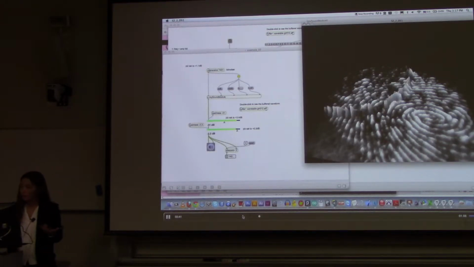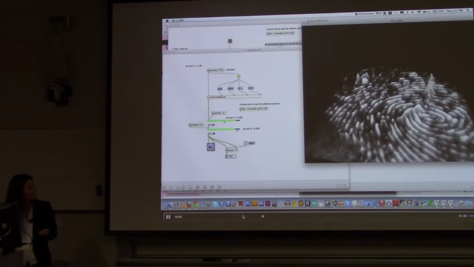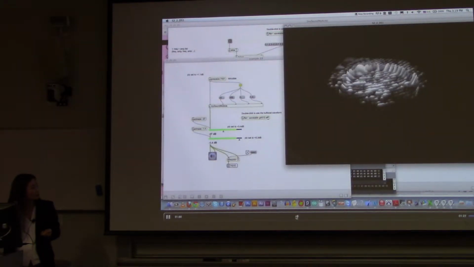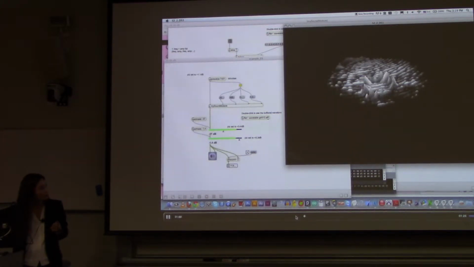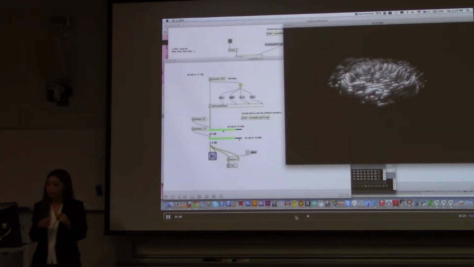Fingerprint images. So each individual has a different, as you can hear, a different composition.